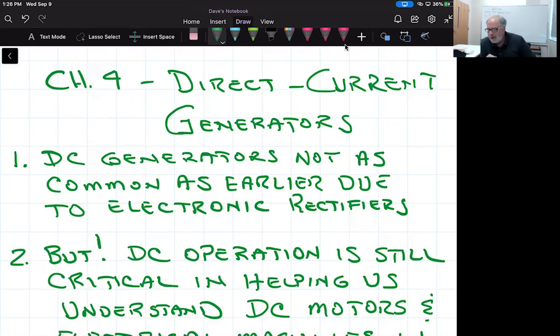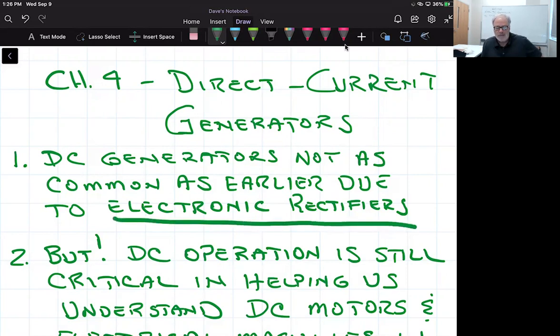Well, several reasons. And the first thing he mentions in the discussion here in section 4.0 is that DC generators are not as common as they used to be because of something that we call electronic rectifiers.